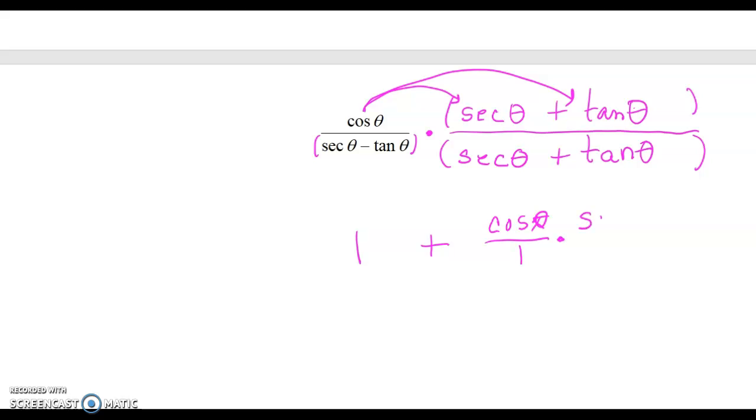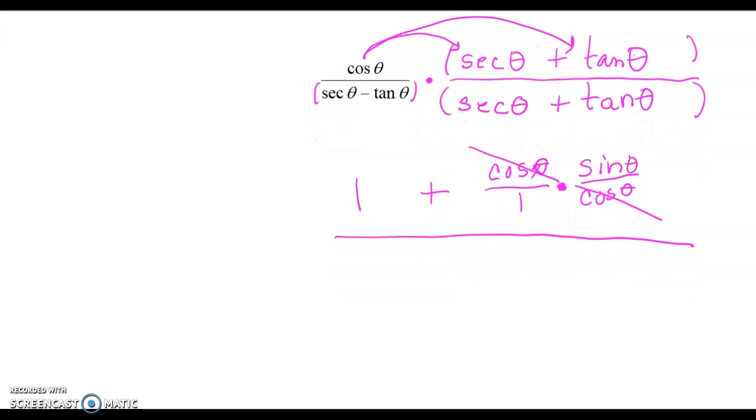Tangent is sine theta over cosine theta. My cosines are going to cancel each other out. Because you're multiplying, we can cancel. So that really will give me 1 plus sine in my numerator, but we'll come back.